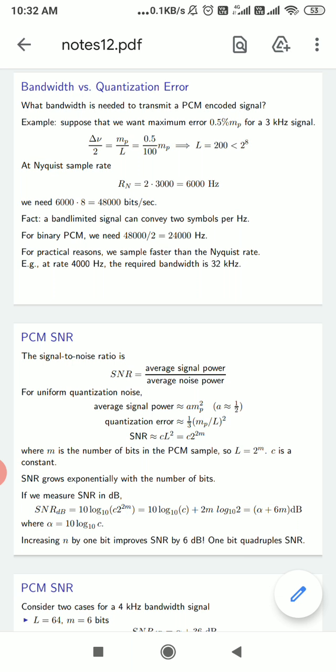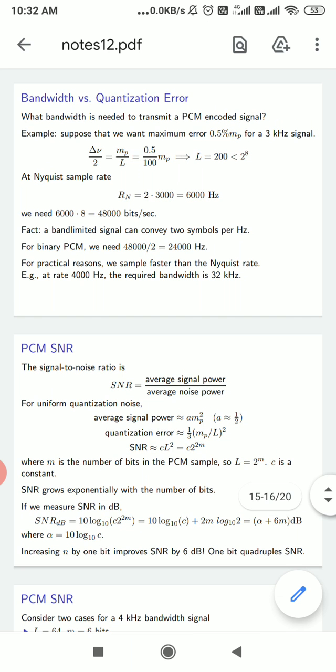You can rewrite that as delta V upon 2 equal to MP by L. We have the MP value and the delta V value, which they have given: maximum error 0.5% of MP, so 0.5 into MP upon 100. If you solve this, you will get L equal to 200. That is less than 2 raised to 8, because 2 raised to 8 is 256. So you can take L equal to 200.